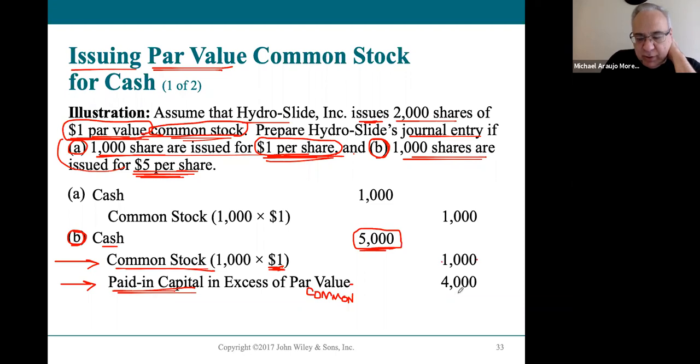The additional $4,000 will be credited to paid-in capital in excess of par for common stock. You'll actually see that the title of the account is a bit longer. So that's going to be the first trick, to know that anything above par value is going to go into the paid-in capital in excess account.